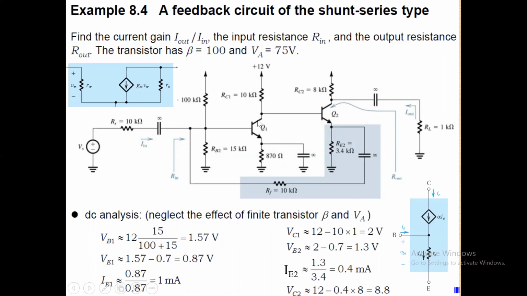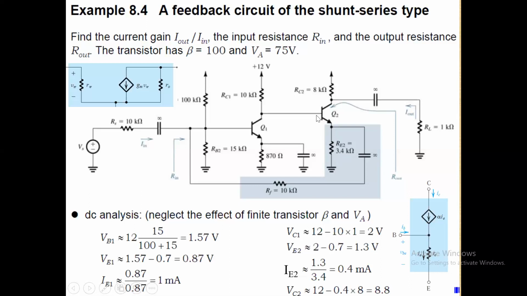So this transistor can be replaced easily by the hybrid pi model over here. However, this can be replaced by either model depending upon the need, or preferably this model, because this has an emitter resistance over here.